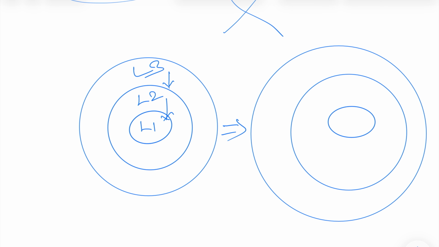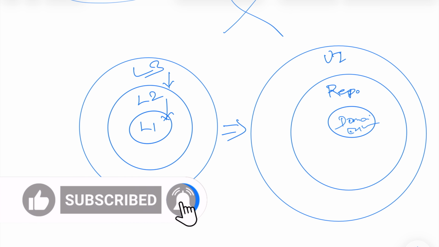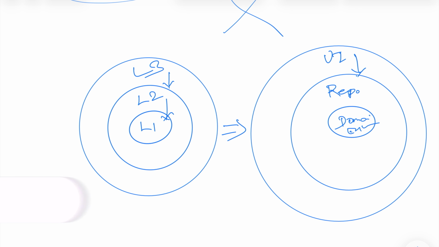So this is your UI, this is your repository, and this is your domain, which is like entities. In this case, the UI shouldn't directly depend on the repository layer, and the repository shouldn't directly depend on the domain layer, which is the entities and use cases. So theoretically, this is enough.